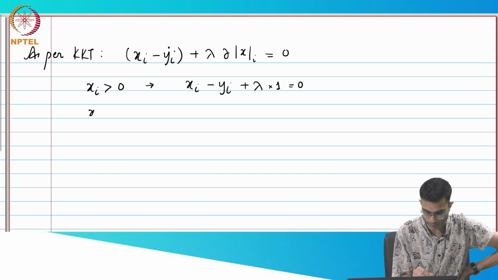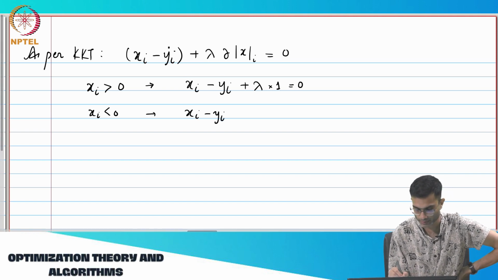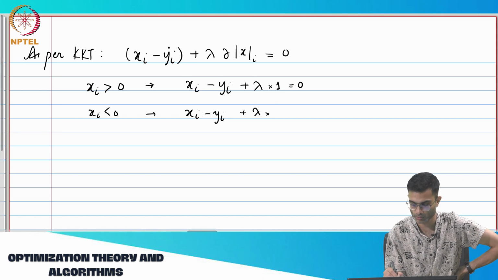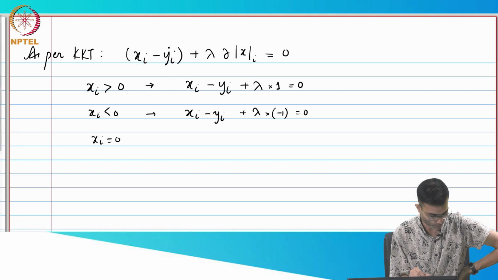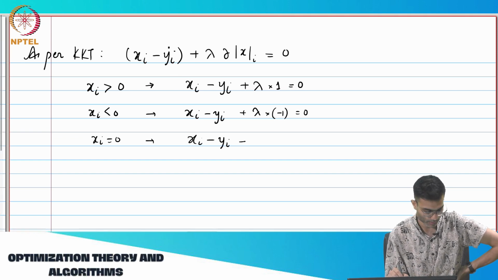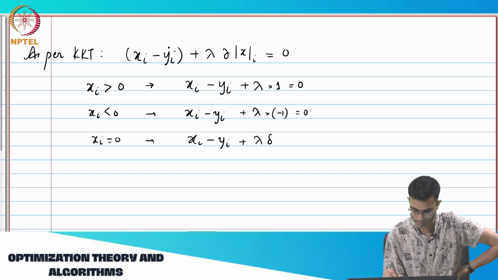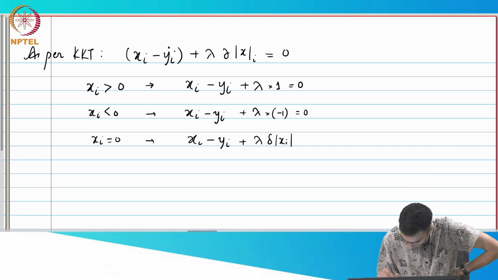For xi less than 0, this will still be xi minus yi plus lambda into minus 1 equal to 0. And for xi equal to 0, same thing: xi minus yi plus lambda, and this is going to be the subdifferential.